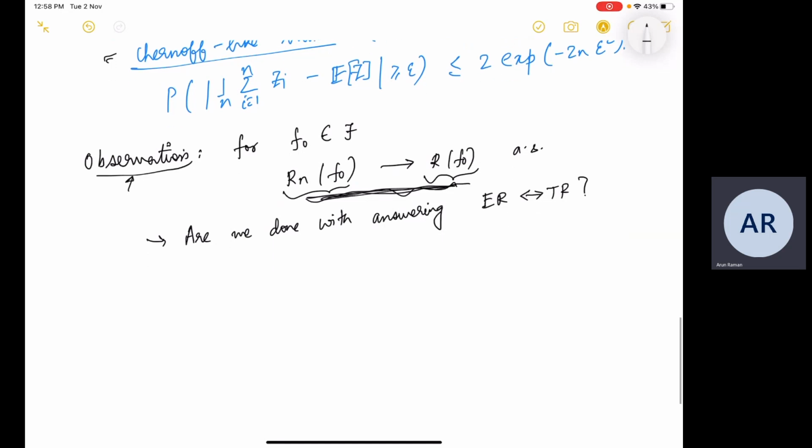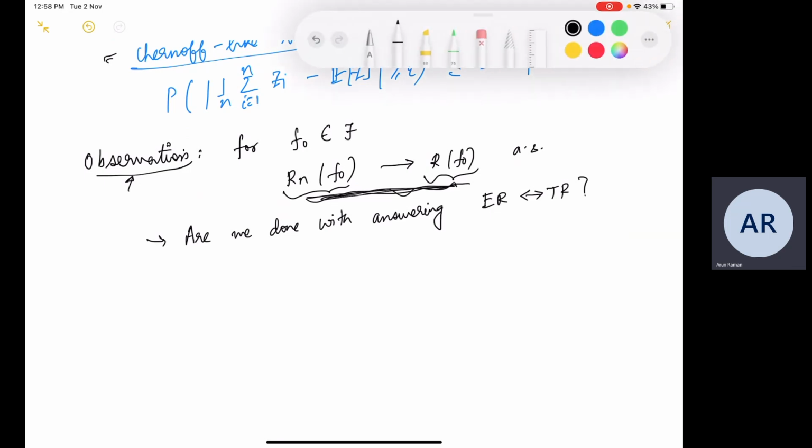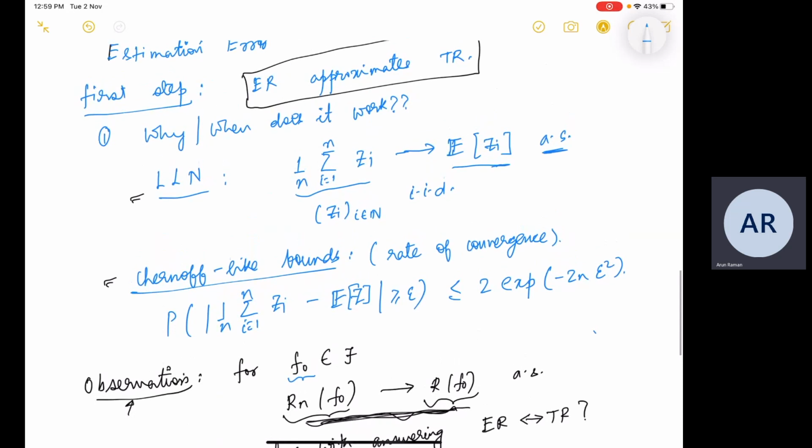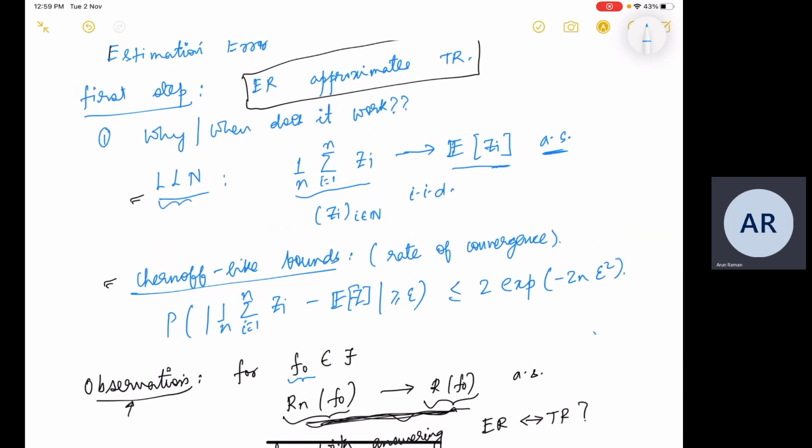So the answer to this question is no. No, we are not done with proving this, because this observation works only for a fixed function f naught. If you look at it from the law of large numbers point of view as well, we need the IID conditions.